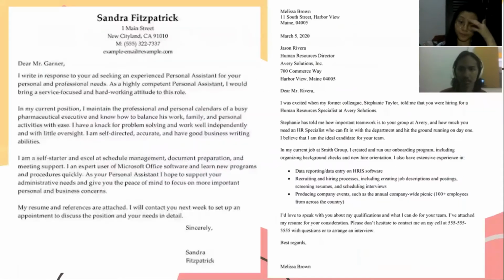Okay? All right. So these are examples of an application letter, as you can see. Here we have the salutation. People actually have quite a lot of different versions of how they make the application letter, but the usual format is what I have just explained earlier.